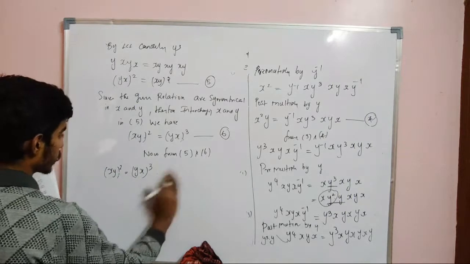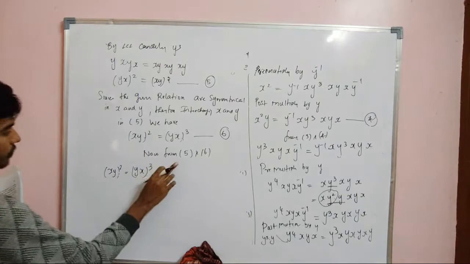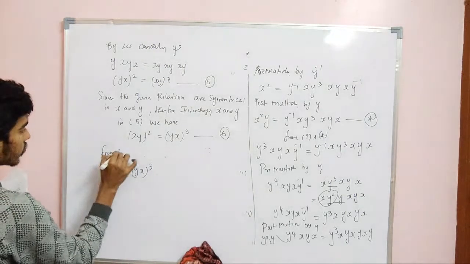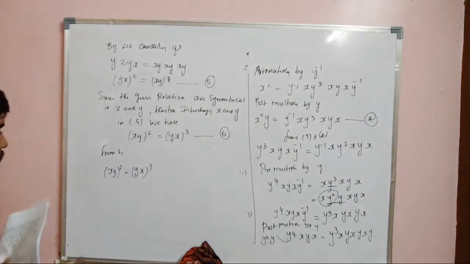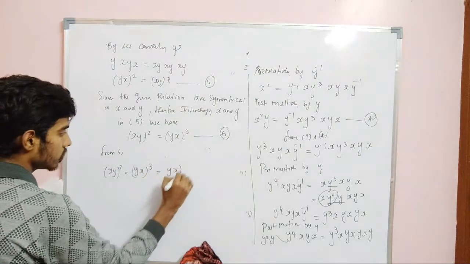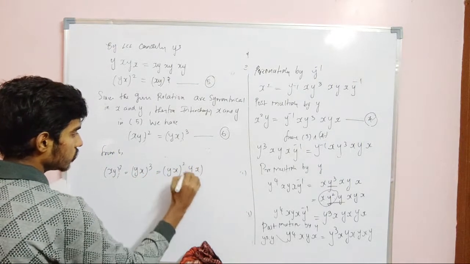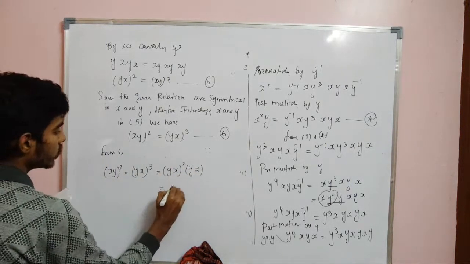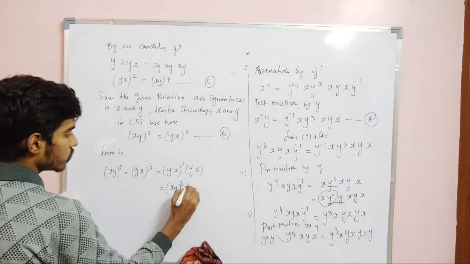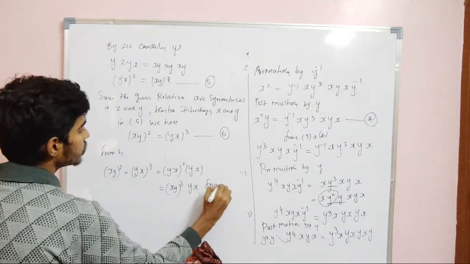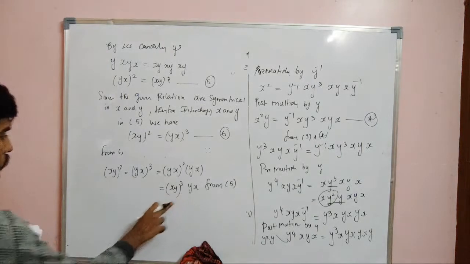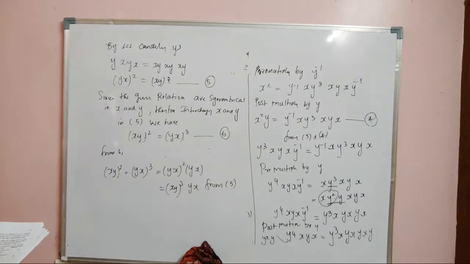So from 6 we have x square is equal to yx. This I can write as (yx) square into yx, and (yx) square we already know is (xy) whole cube, into yx. This is from 5. So this is (xy) whole cube into yx.